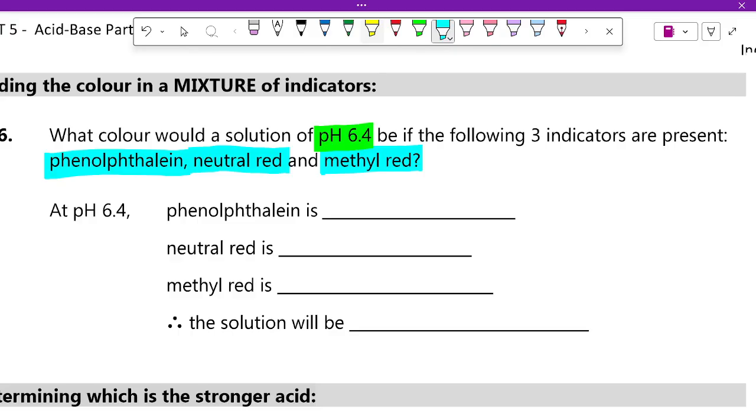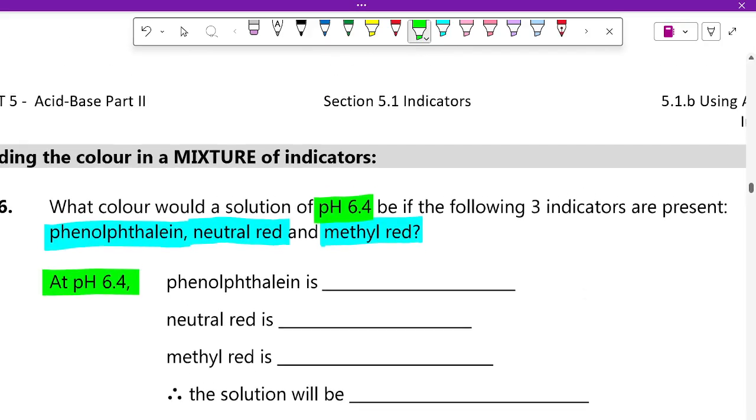So what you have to do is say at pH 6.4, what color is thymolphthalein? It is colorless.